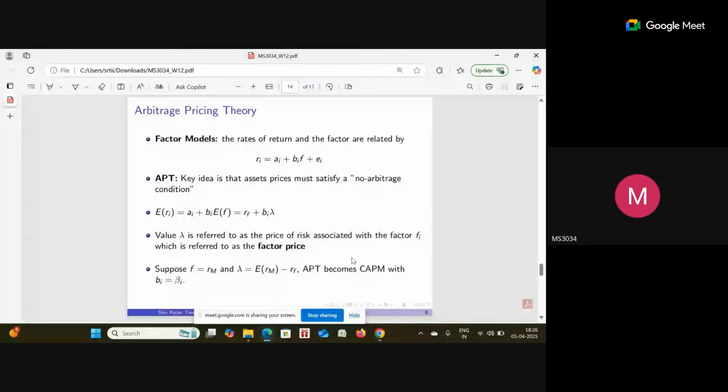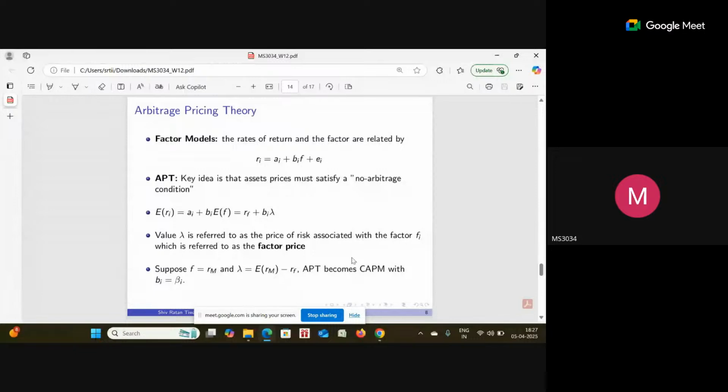If you think a particular asset's price is related to a country's GDP, then the country's GDP can be included in this functional form as a factor. Other things can be the prevailing interest rate in the market. Like in the India case, let's suppose you take the repo rate; if you think that can affect the price of this particular asset, then yes, you can include that in your factor model.